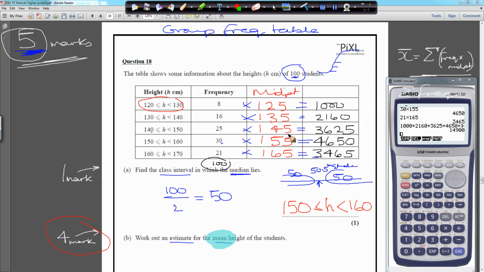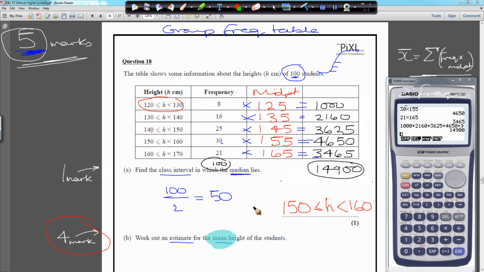I need the space here. So we have 1, 4, 9 and 2 zeros. This here is the sum of the frequency, so it's this number divided by that number.